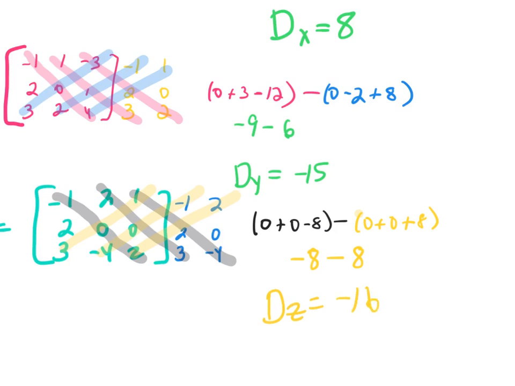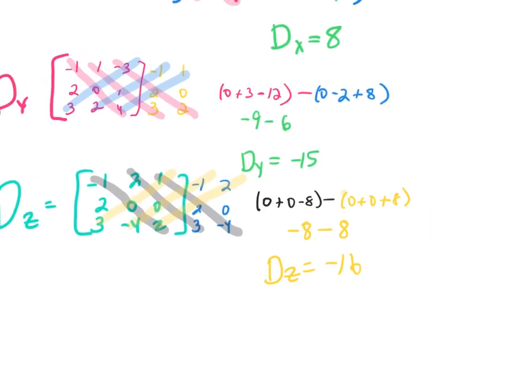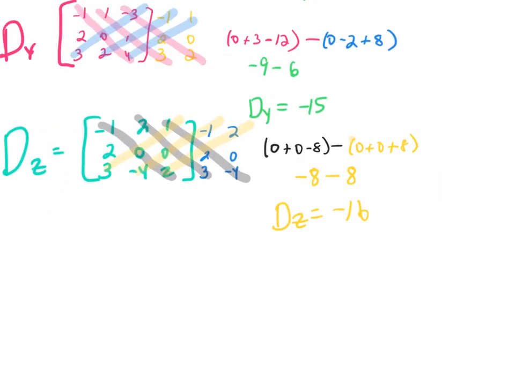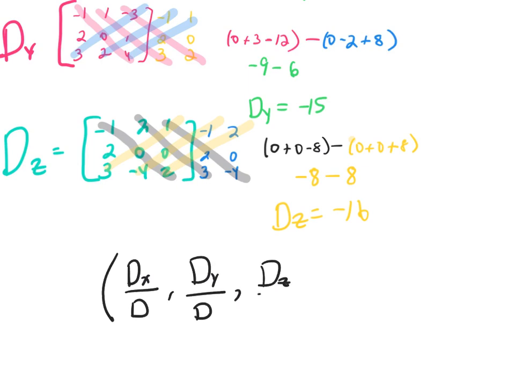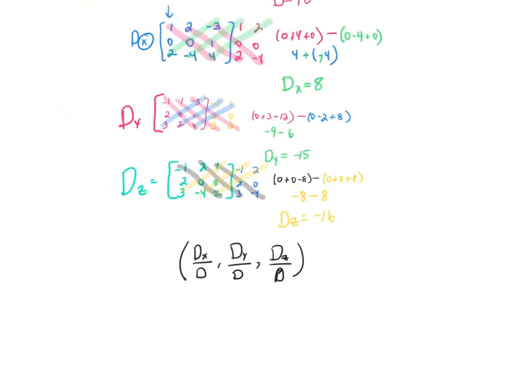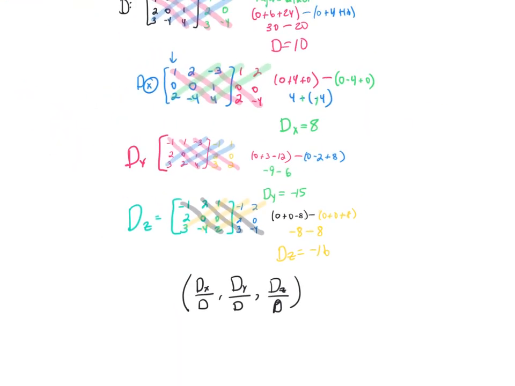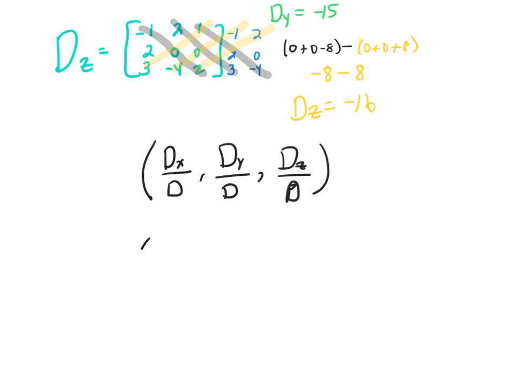Negative 16. So now you guys are like, okay, big deal, I got all these things. Now you take each one and you divide it by the original determinant. This is going to be an ordered triple. So it's D sub X, D sub Y, and D sub Z. What was our D sub X? 8. And what was the original determinant? 10. So 8 divided by 10.